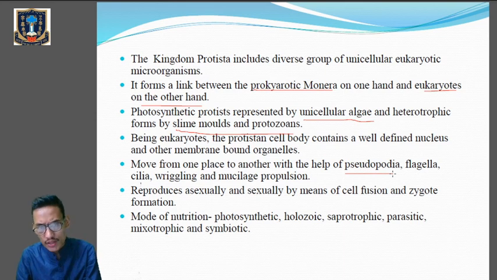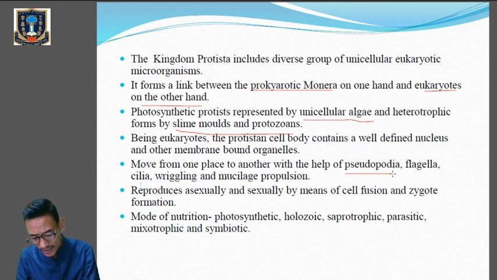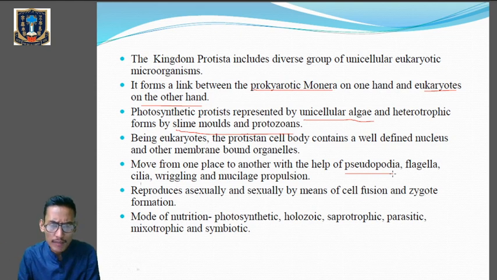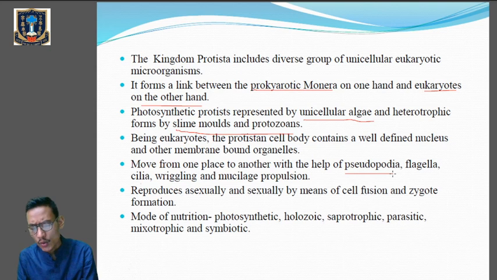And the mode of nutrition in Protista can be photosynthetic, where they perform photosynthesis. Then we have holozoic mode of nutrition, where the food is ingested. Then saprotrophic nutrition, where they feed on dead and decaying organisms. Parasitic, where they are totally dependent on the body of the host.